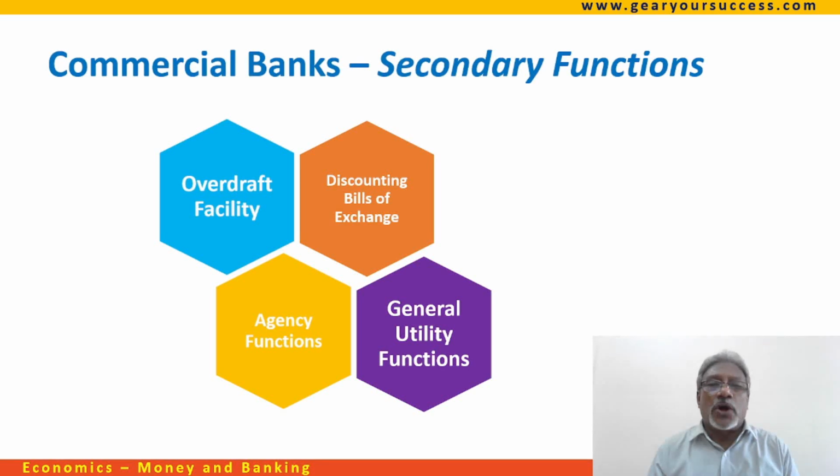Now, based on how somebody is repaying their money on time and how they are maintaining their accounts, banks also offer, mostly in the case of business units, something called an overdraft facility.